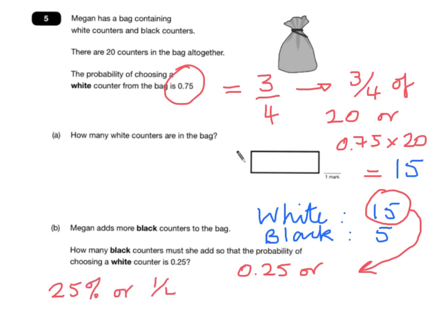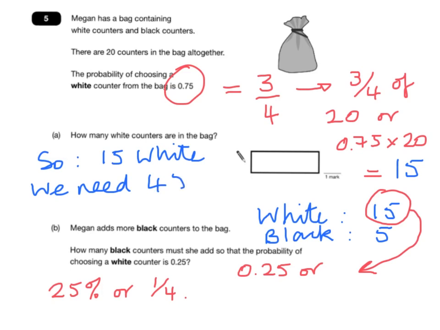So we then need quite a lot more black counters so that the ratio is 15 white counters out of 60, because 15 is 25% of 60.